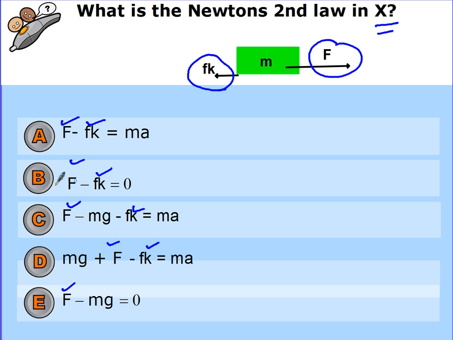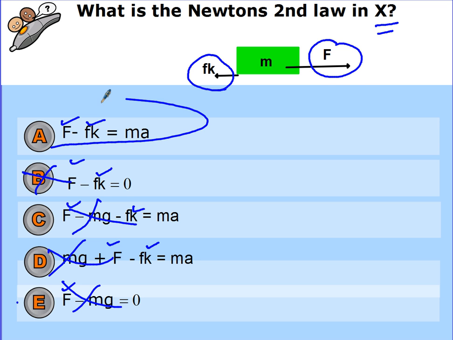So I know it can't be equal to 0. mg is not in this one at all. So we're left with A. We're going to be left with some sort of acceleration to the right, because this force is much longer than friction.